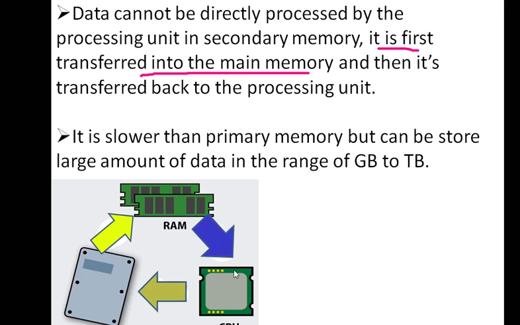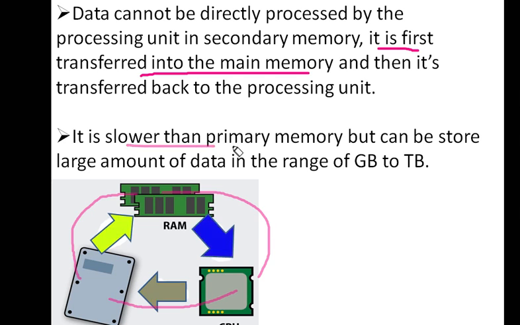I hope you are clearing this concept. From secondary memory, the data goes to main memory, then from main memory to your CPU, then is processed and sent back to the secondary device. In this way it will access or transfer your data from secondary memory to the CPU.